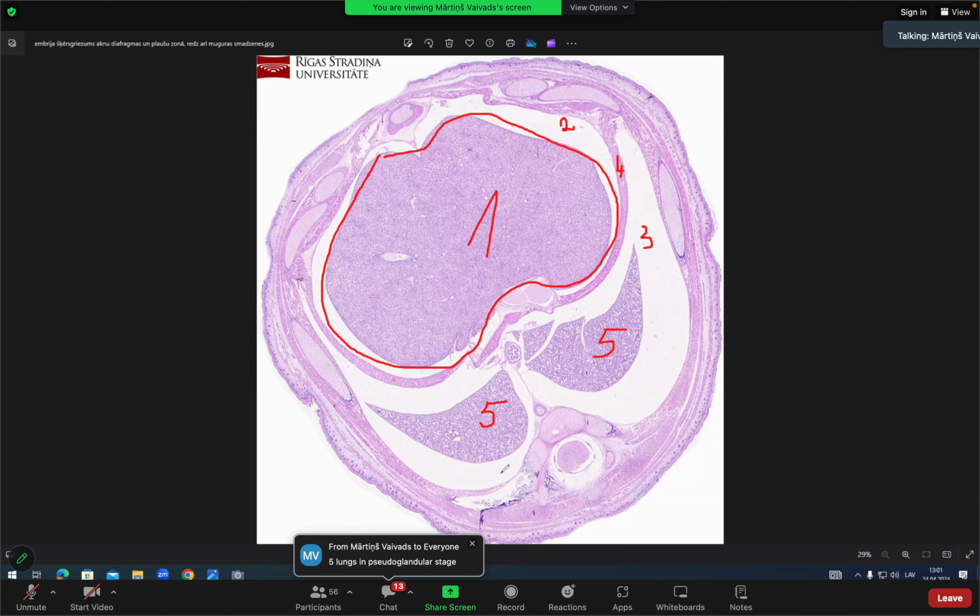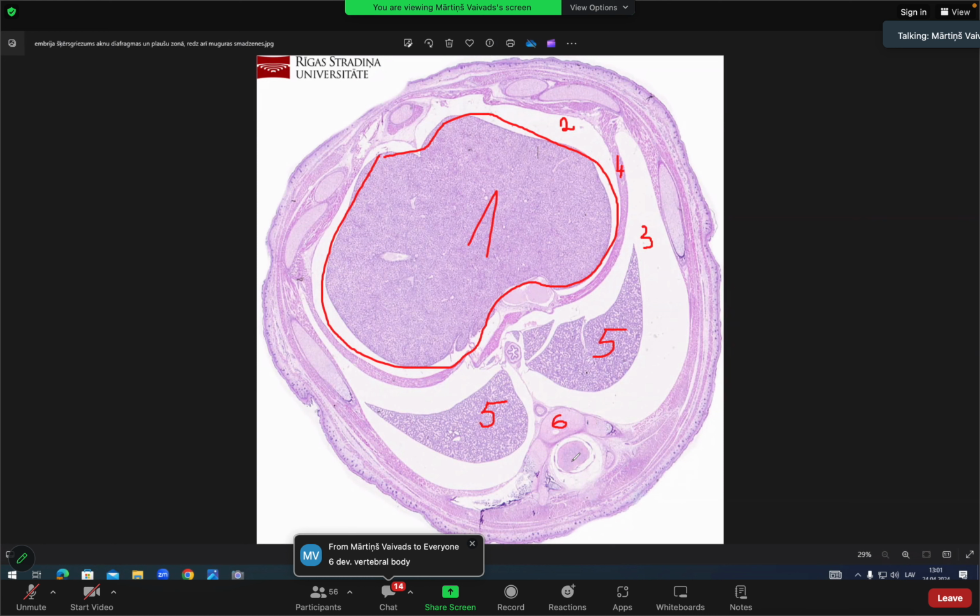Lungs in pseudoglandular stage. What is here, number 6? What exactly is there? Thoracic vertebral body. So developing vertebral body, developing vertebral column. Okay, number 6, developing vertebral body or corpus vertebrae development.